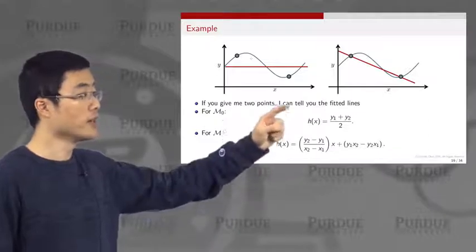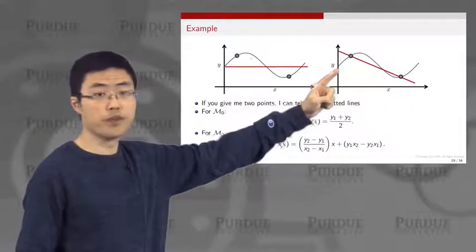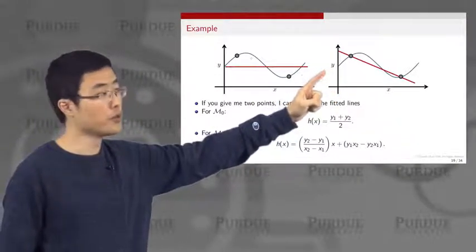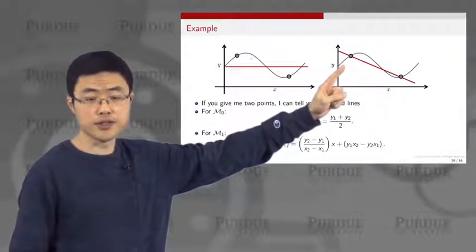For M1, the equation is here. So now you have two data points, and how can you do that? Well, you need to look at the slope. You also need to look at the y-intercept.